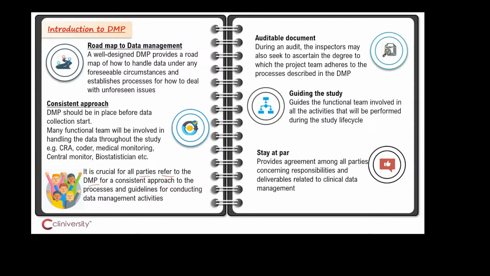So just to give an example of what kind of possibilities would be checked: the DMP for a specific study mentions how the queries which have to be escalated, or the queries which are unresolved in spite of issuing them a specific number of times, how do we resolve those queries?